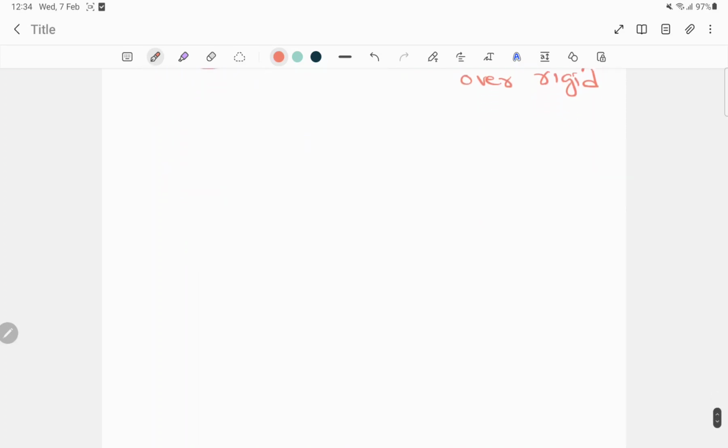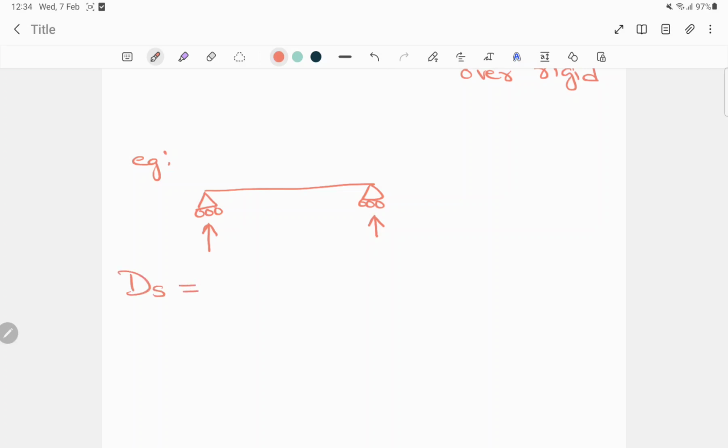Now I'll take one beam where both sides are supported with a roller. How many unknown reactions will be there for a roller support? 1, and here also it will be 1. We know the formula for the degree of static indeterminacy is the total number of unknown reactions, which for this case is 1 and 2, so 2, minus the total number of equations of equilibrium, which is 3.